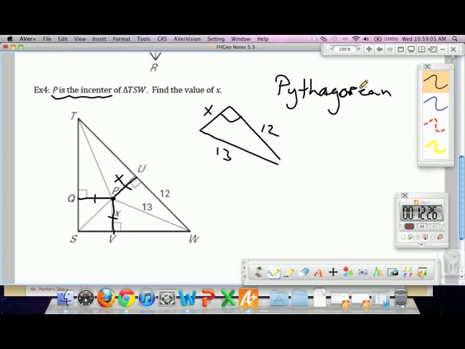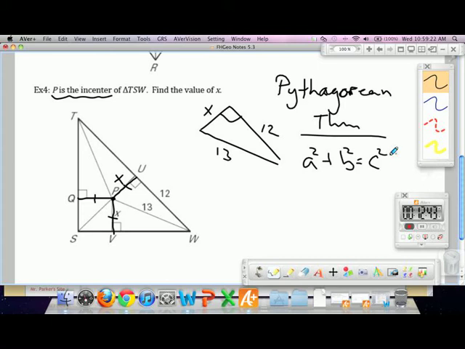And remember what the Pythagorean theorem says. Our favorite Greek theorem, a squared plus b squared equals c squared.